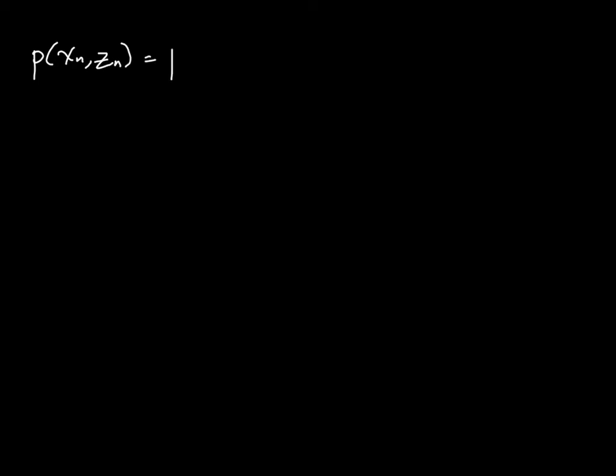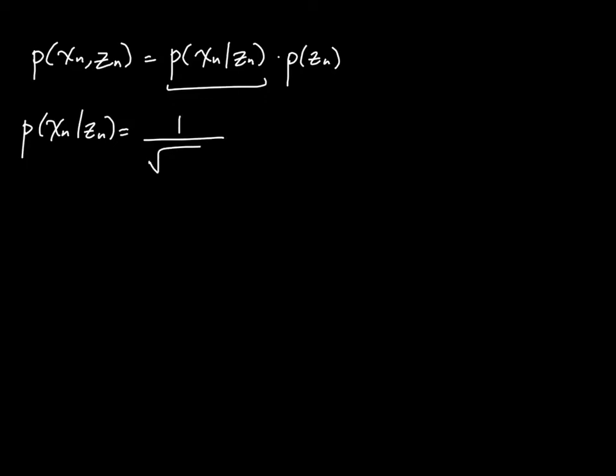And this is equal to p of x_n given z_n times p of z_n. And p of x_n given z_n is equal to 1 over the square root of the determinant of 2 pi sigma times e to the negative 1/2 (x minus mu) transpose sigma inverse (x minus mu), right? This is the Gaussian, but just for more than one variable, right?